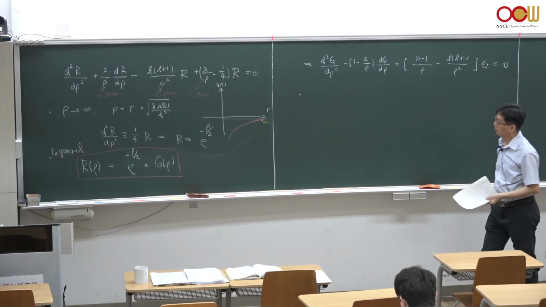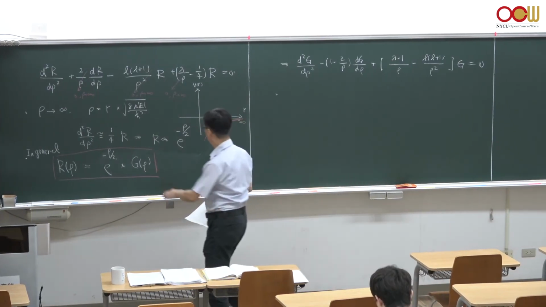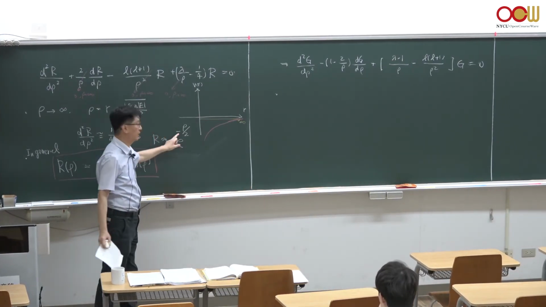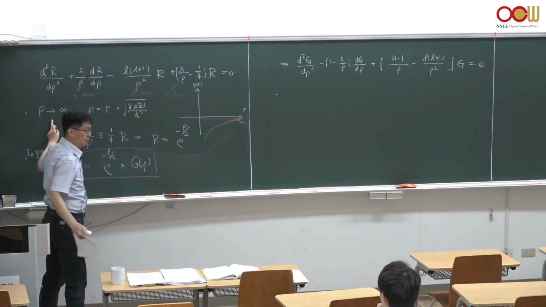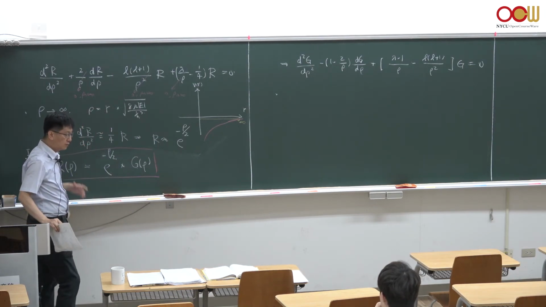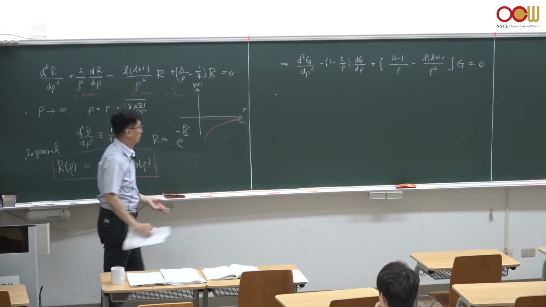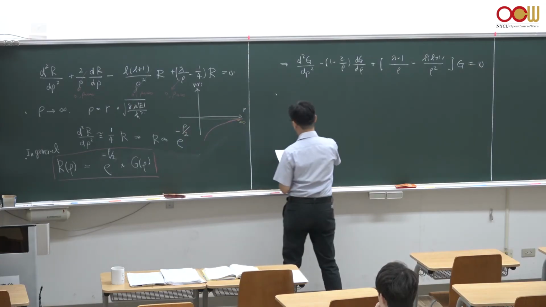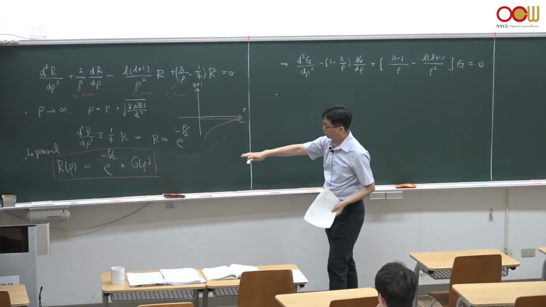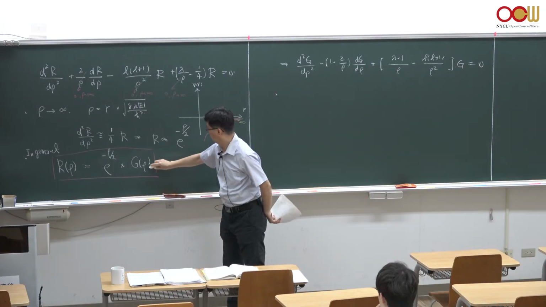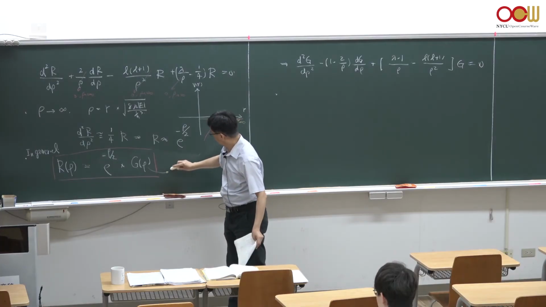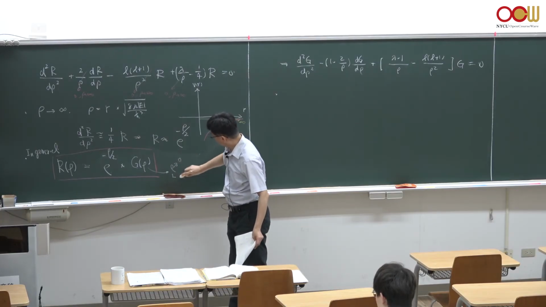We already learned that the solution approaches the exponential function e to the minus rho over 2 when rho goes to infinity. So let's look at another limit, when rho goes to 0. Because capital G as a function of rho should be the solution when rho is finite, which includes the case when rho approaches 0, right?